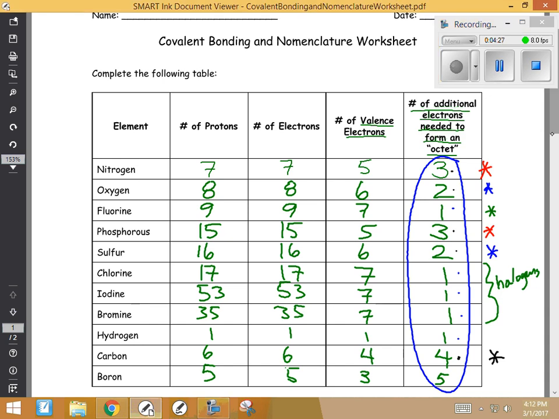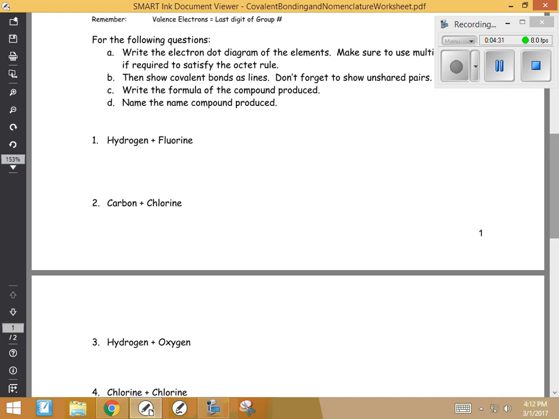Now, to complete this worksheet, here are the instructions. Write the electron dot diagram of the elements. Make sure to use multiple atoms if required to satisfy the octet rule. What do I mean? Well, if you have oxygen that needs to pick up 2 electrons, you need to make sure that you have enough of the atoms it's bonding with to give it 2 more electrons.